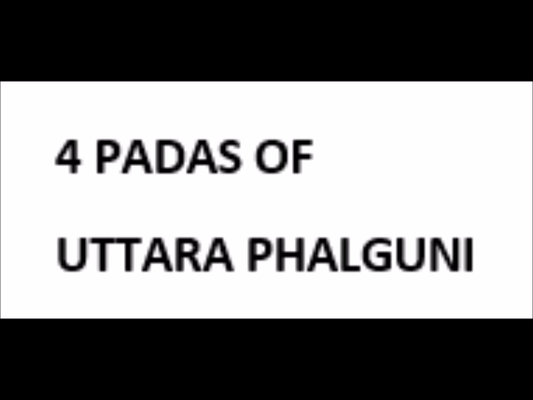The third pada also falls in the zodiac sign of Virgo, which falls between 3 degrees and 20 minutes of Virgo through 6 degrees and 40 minutes of Virgo. So the influencing factor here is also going to be these 3 planets, Sun, Saturn, and Mercury.